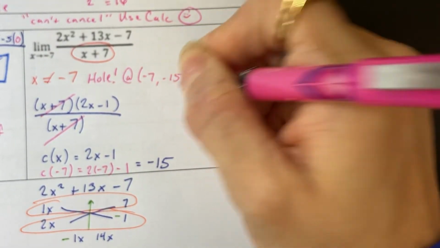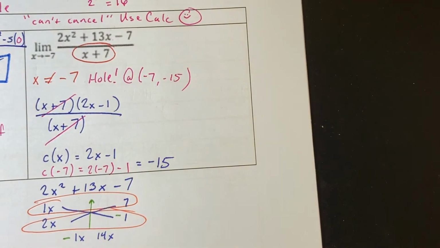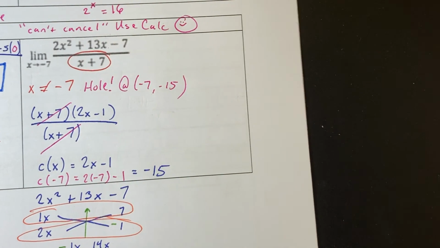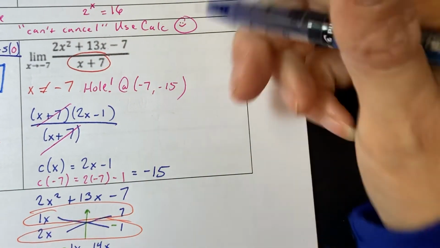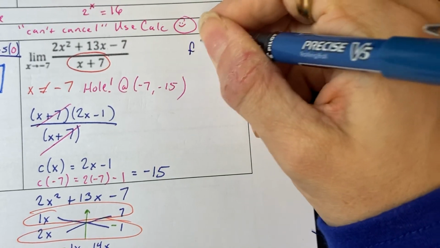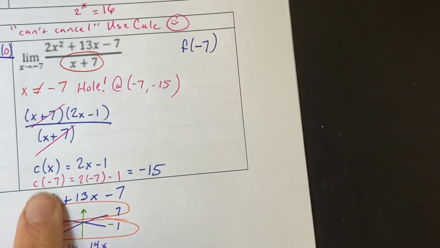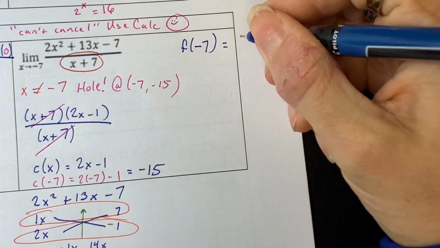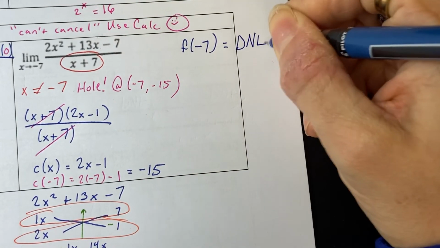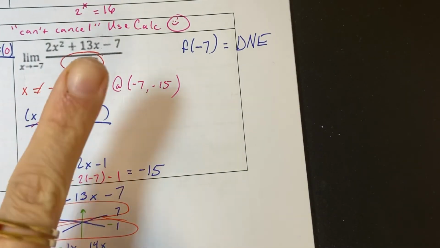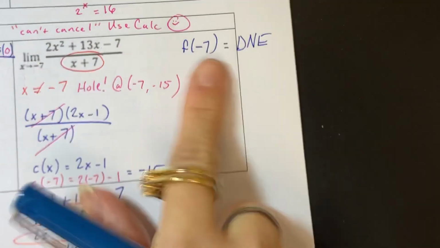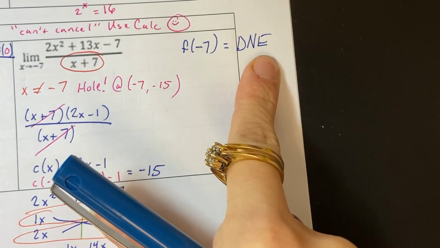So we have a hole at -7, -15. So let's see if we can answer the two questions. What is f of -7? It's not the same as the canceled version of the equation at -7. f of -7 does not exist. -7 is a restricted value, so at that x value, there's nothing there.